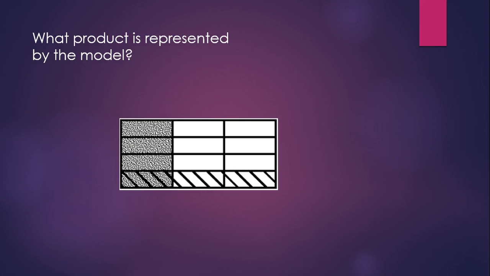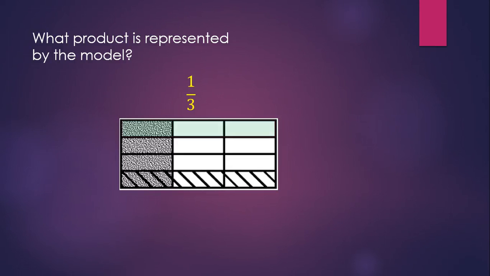What product is represented by this model? If you look vertically, you'll see that we've divided the whole rectangle into 3 equal pieces, and we're counting one of those 3 pieces. So one of our factors is 1/3.